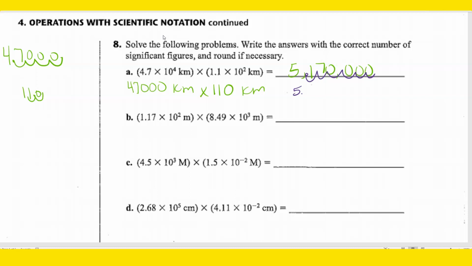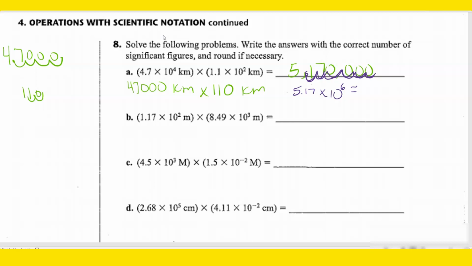Now, let's talk about this for a moment. Because we are doing our answers based on the least amount of digits, I need only 2 of those numbers. So although you have 5.17 times 10 to the, let me recount, 1, 2, 3, 4, 5, 6, to the 6th power, if you wrote that as your answer, that would be wrong.